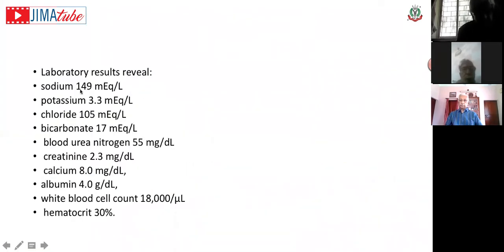Let's come to this. Sodium 149, chloride 105. So that is 44. So immediately I can say this patient has metabolic alkalosis, right? More than 40. Now I have to explain this 44 by bicarb and by albumin.